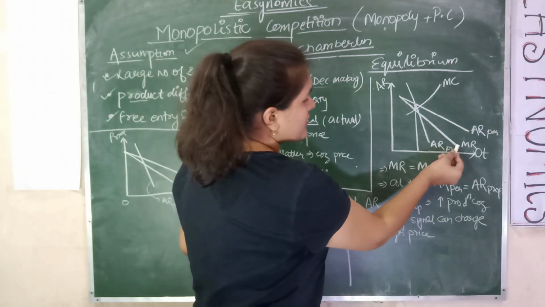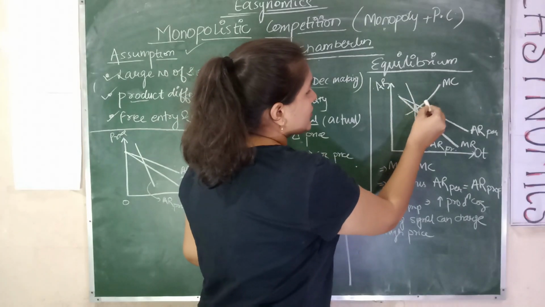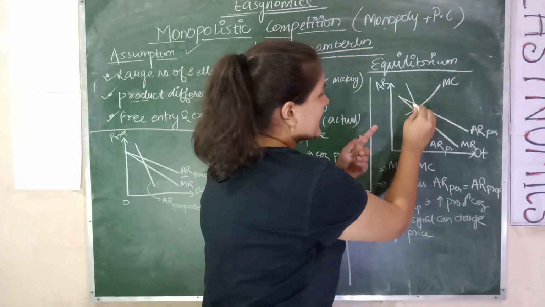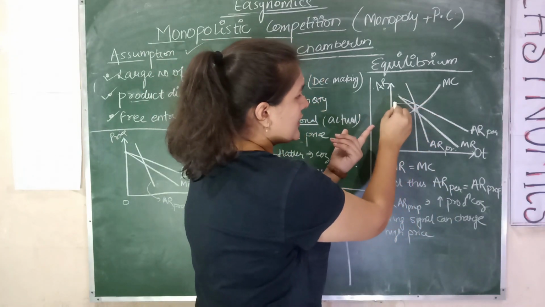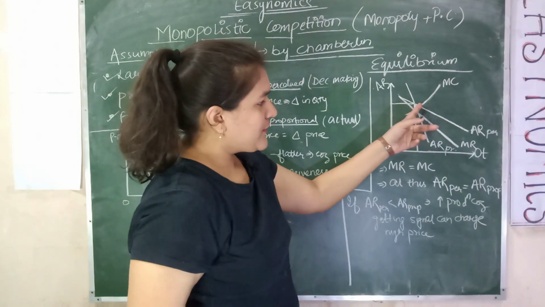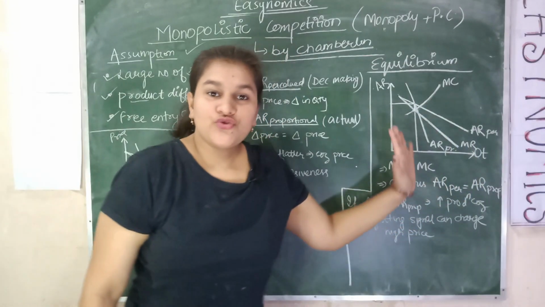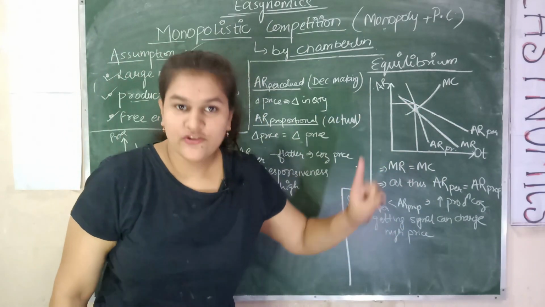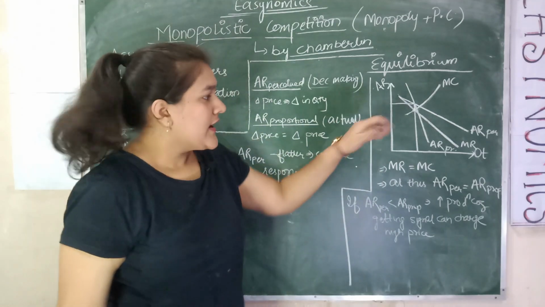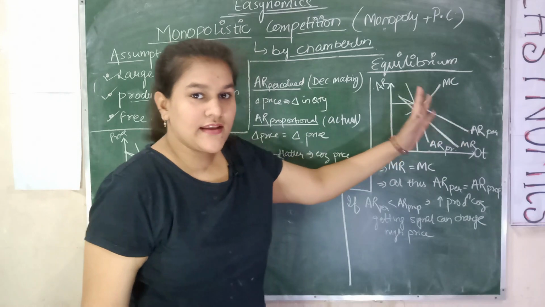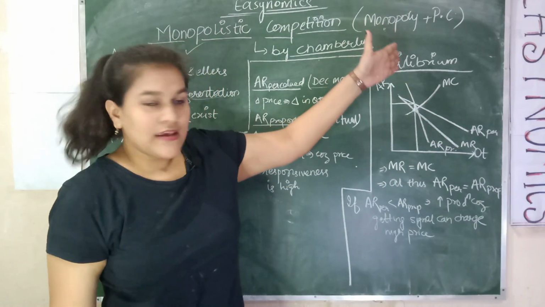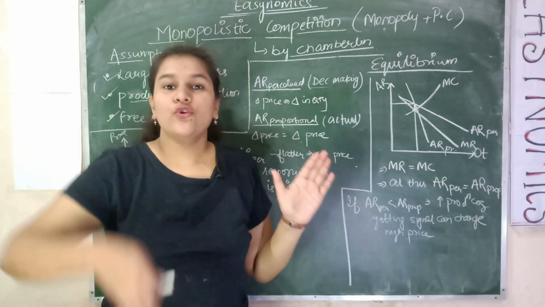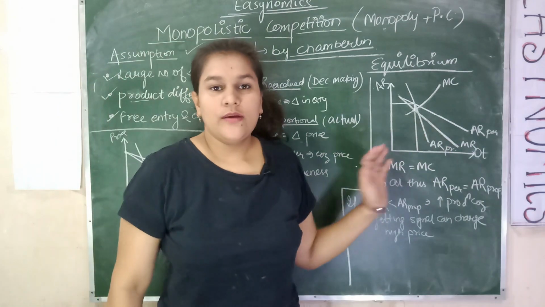So this is your marginal revenue, this is your marginal cost, and they should be equal at this equilibrium. We take this up to the AR curve, and from there we get our price. So at this equilibrium this will be the price on AR proportional. The second condition is that at the equilibrium price, your AR perceived should be equal to AR proportional. It means where your MR and MC intersect at the same point above, your AR perceived and AR proportional curves should also intersect. Only then will your equilibrium be achieved.